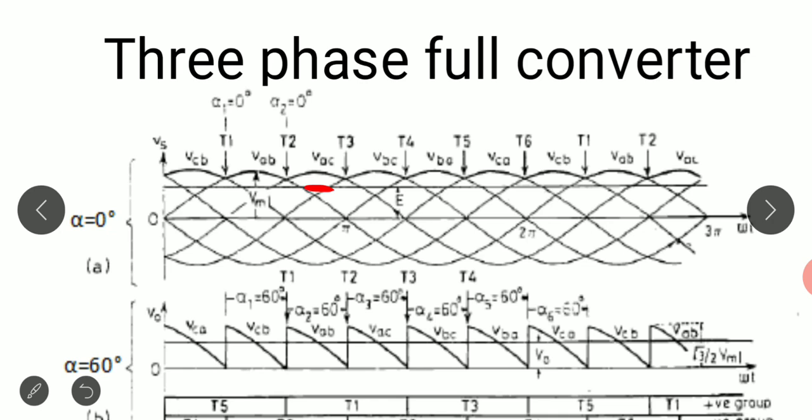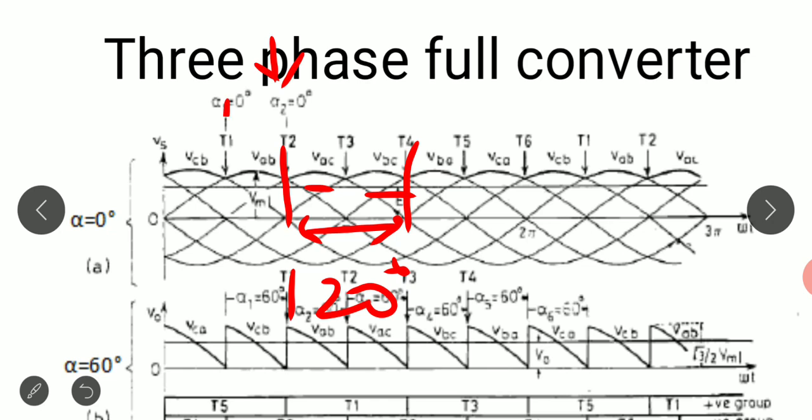AC means C is negative with respect to A, and if you analyze this portion, this is VBC, that means C is negative with respect to B. So in this interval, C is negative with respect to either A or B. So T2 can be triggered at this instant. This instant is alpha is equal to 0 for thyristor T2. Thyristor T2 can conduct for a duration of 120 degree.